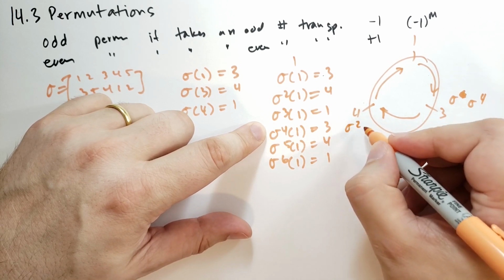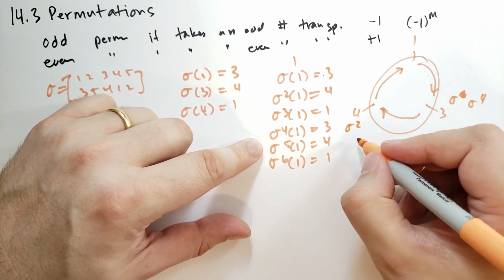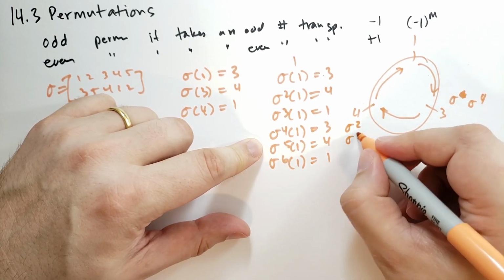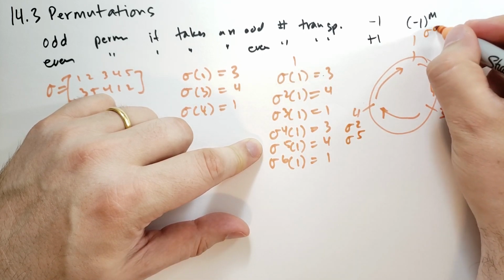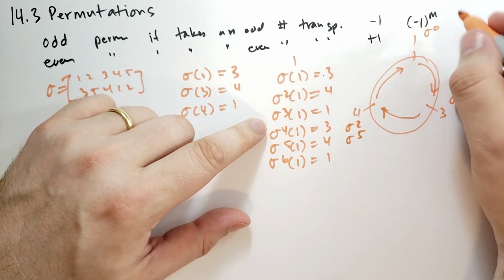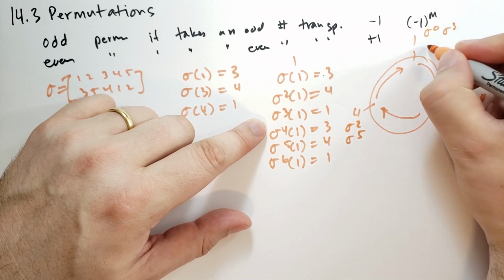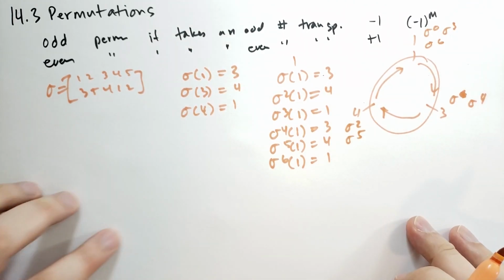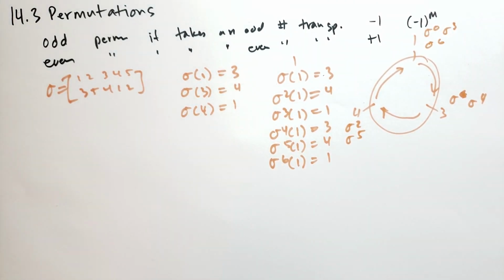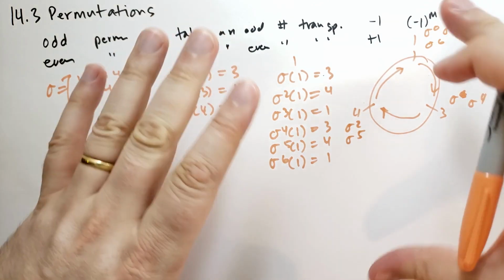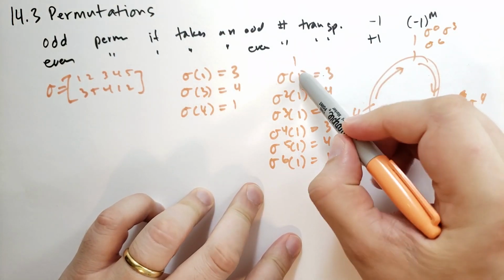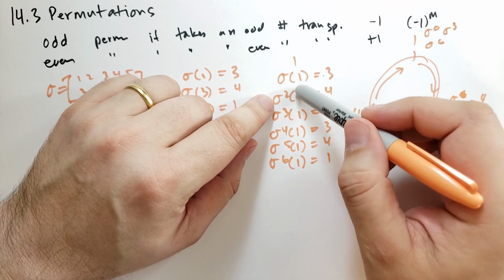This would be sigma squared and sigma to the 5th power. And this would be sigma to the 0th power, which is the identity, or sigma to the 3rd, or sigma to the 6th.